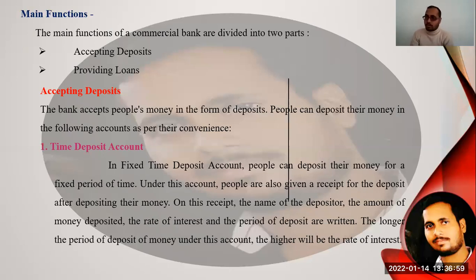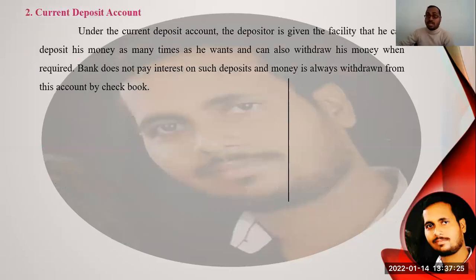So for a long-term FD, the bank provides a higher rate of interest, and for a shorter-term FD, the bank provides a lower interest rate. So this is the first kind of account provided by commercial banks for accepting deposits, students. Now, students, the second type of account is the current deposit account.